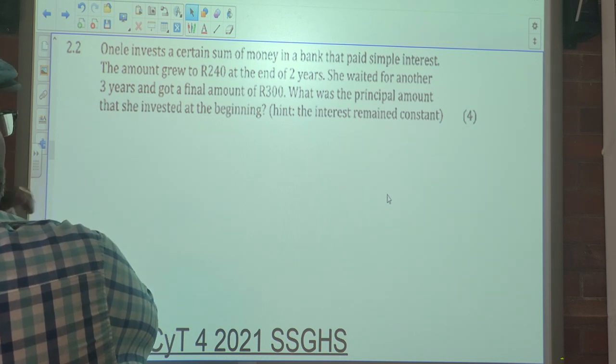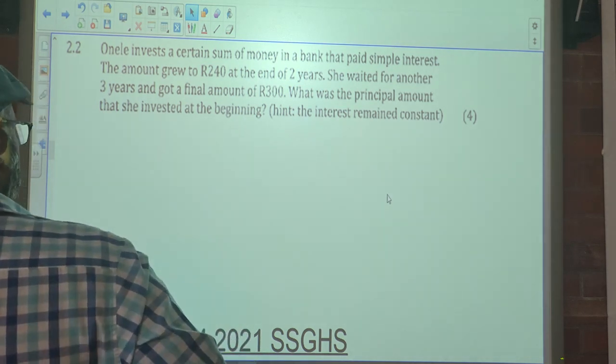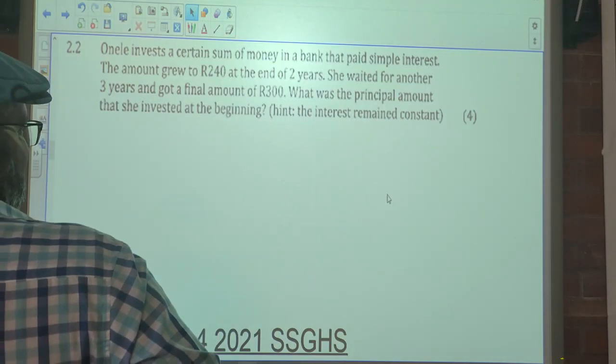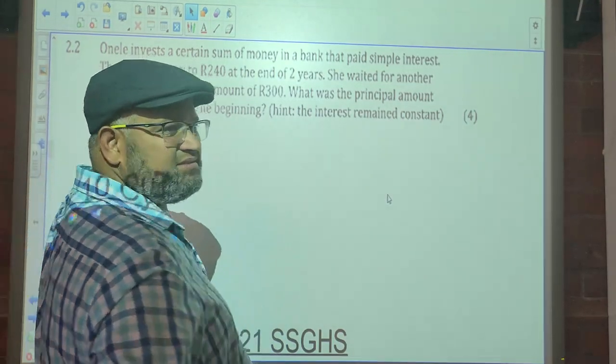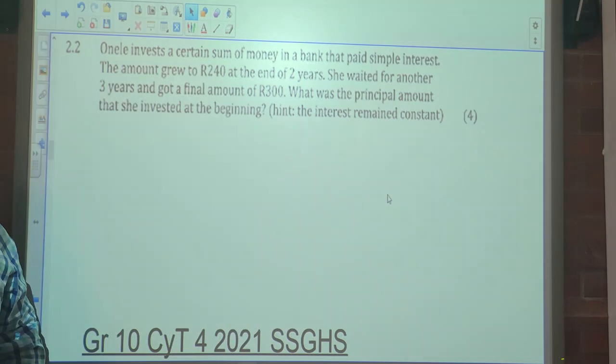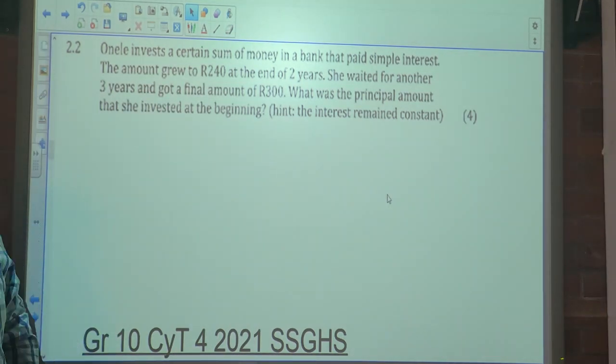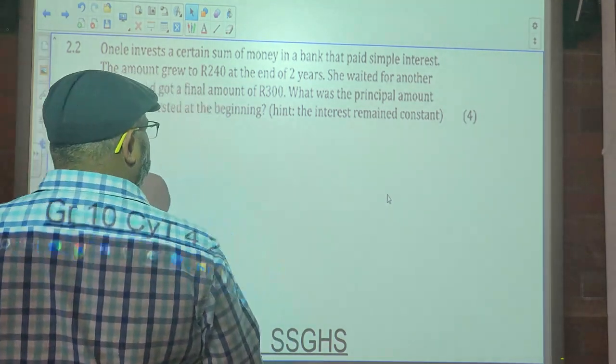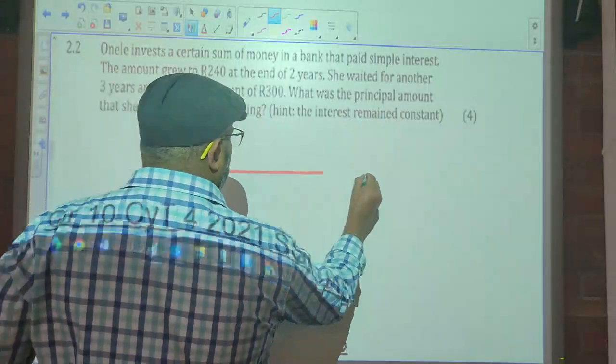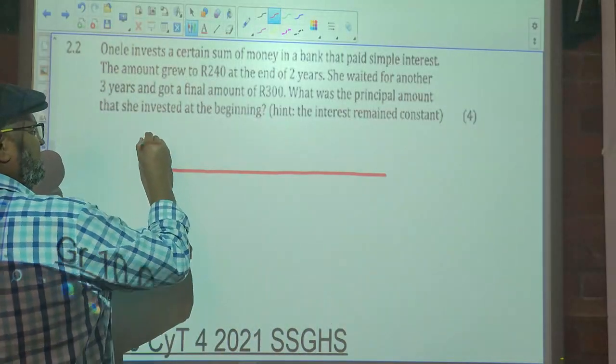Then we must calculate the principal amount that she invested at the beginning. The interest remains constant, which means it remains the same. Because of the complexity of the sum, I would rather plot it on a number line.